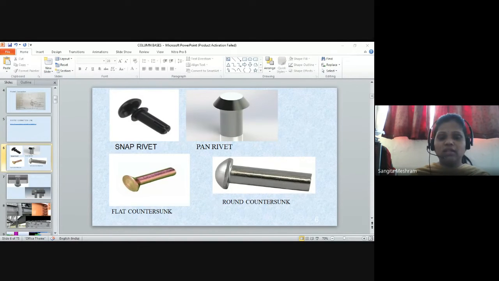The holes are already created, then we insert a rod with high heat, press it by hammering, and it forms a rounded shape. In the video the additional heat is provided so that it gets pressed and forms a rounded shape. So that is the hot riveting process used in the actual field. These are some types of rivets we can use in structures.